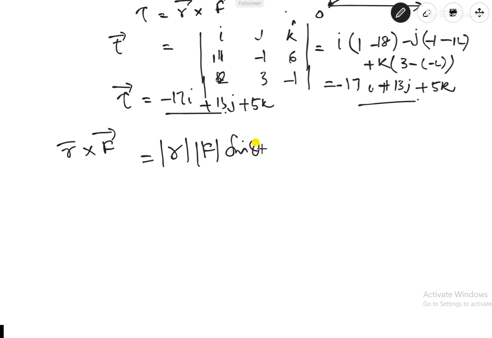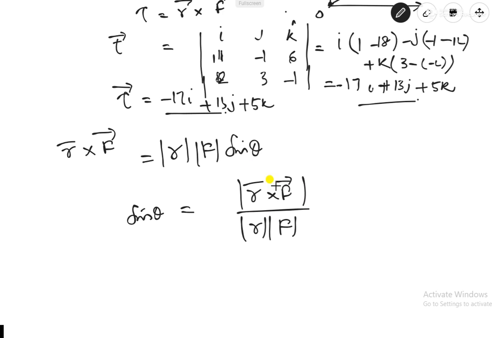So sin theta is equal to the magnitude of R cross F divided by the individual magnitudes. What is the cross product magnitude here? We already got the vector: 17 square minus whole square plus 13 whole square plus 5 whole square.